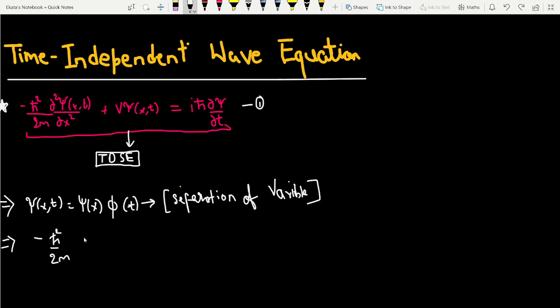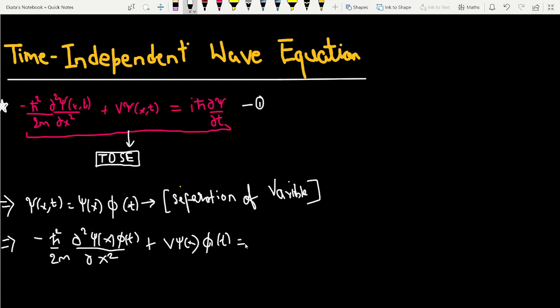We put del square of psi of x and phi of t both here, divided by del x square, because we are differentiating with respect to x, and plus we write V times psi of x and phi of t, because we have written that the potential is dependent upon time and position also.